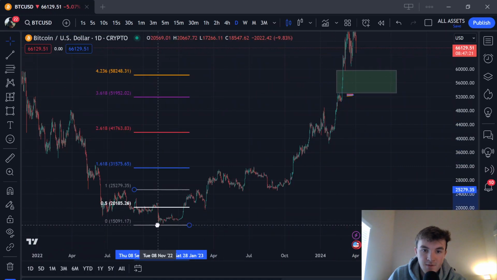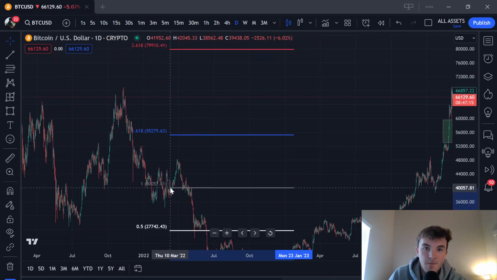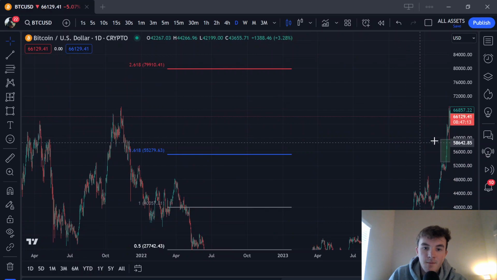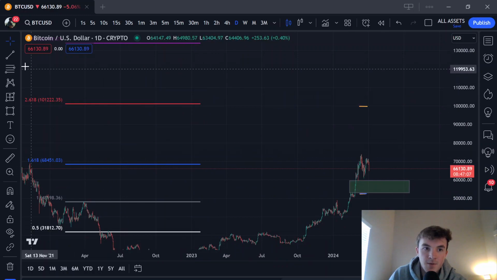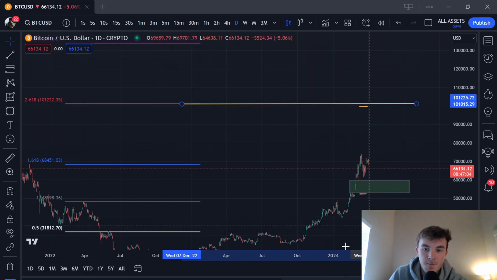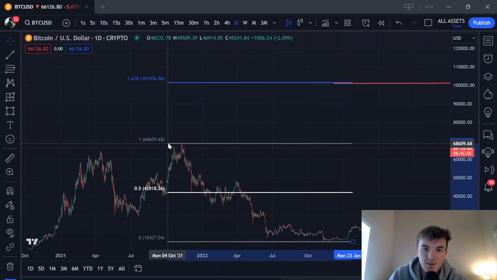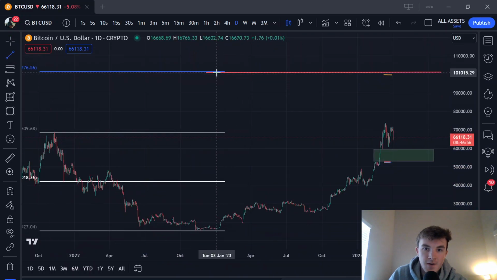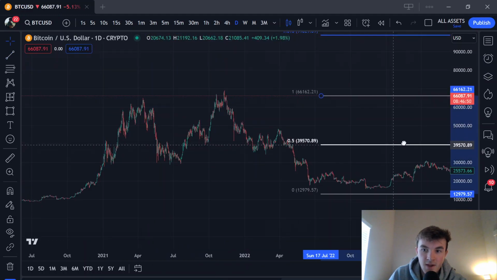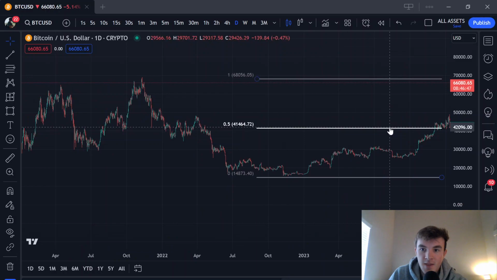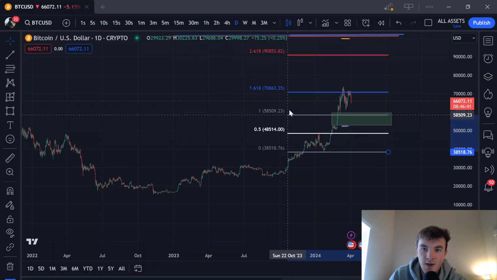Let me measure this final move down. Okay, see, look, 101K right here. Just very quickly, we're gonna measure all these different ones. 101K right here. Everything's lining up at 101K, which means that is where I think the first major pullback will happen, is 101K.